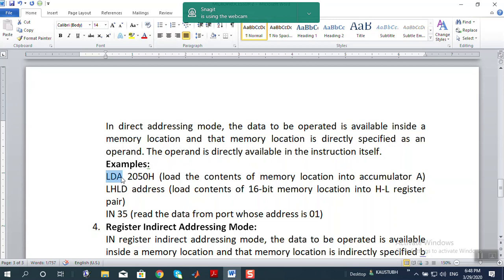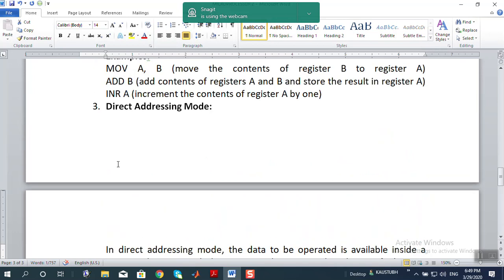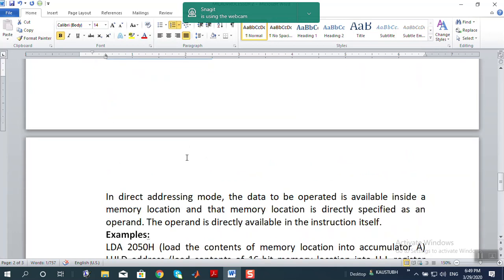What are you copying? Accumulator is 8-bit, so you are copying 8-bit data. Where is your 8-bit data? Somewhere in the memory. Suppose this is the address of the memory where your data is present. So you are giving the address of the memory where your data is present directly with the instruction, which is of the type direct addressing mode instruction.